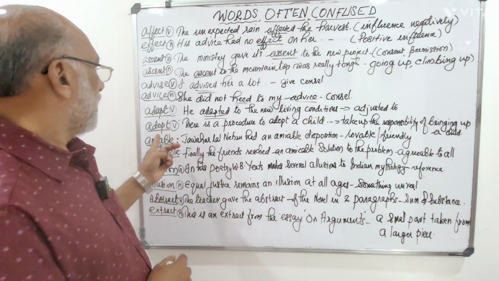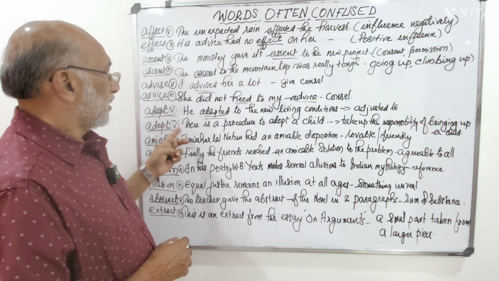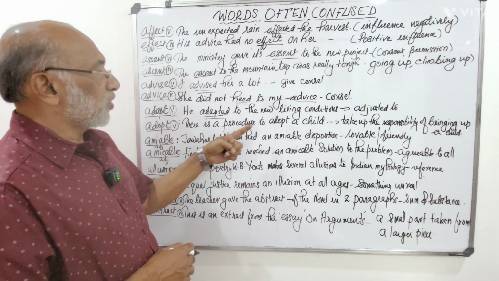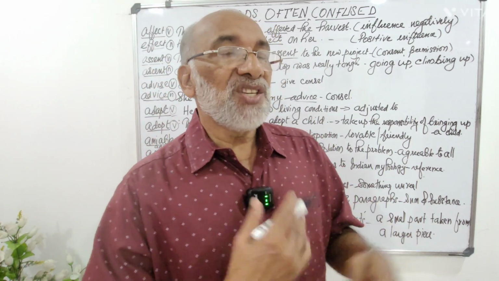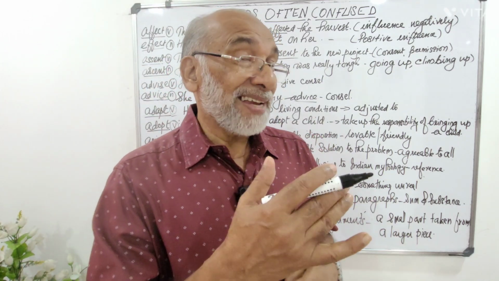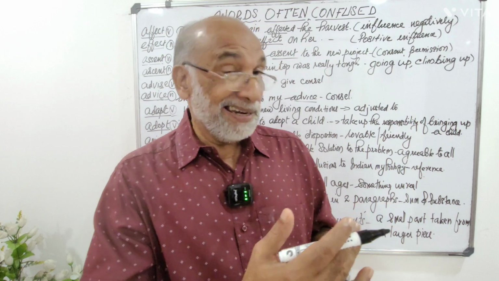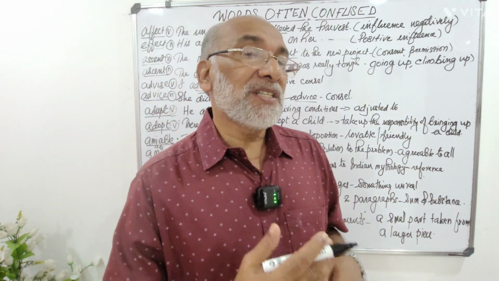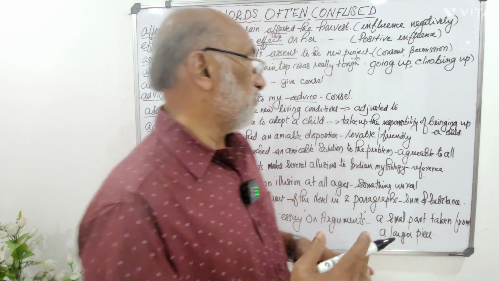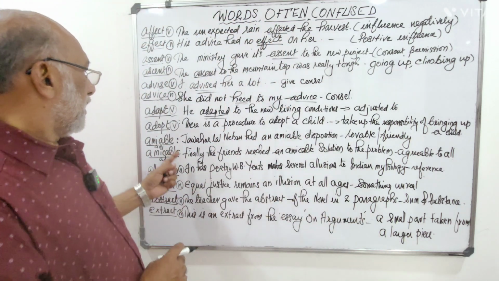That is, adopt. There is a procedure to adopt. Adopting a child, it's not an easy thing. We are actually taking up the responsibility of bringing up a child, and it has got some legal procedures. We have to follow that.